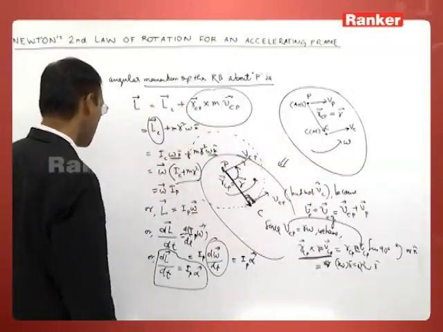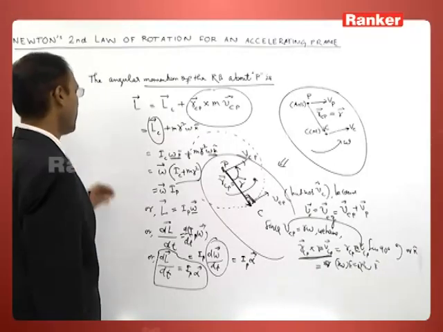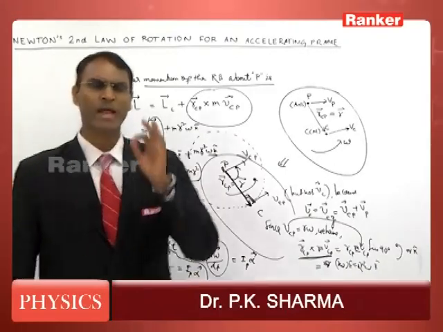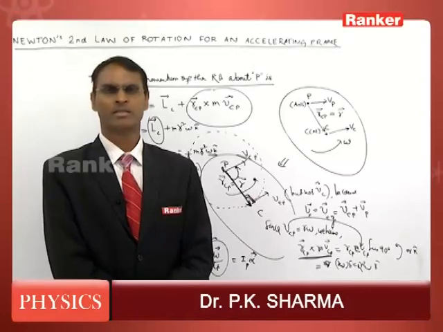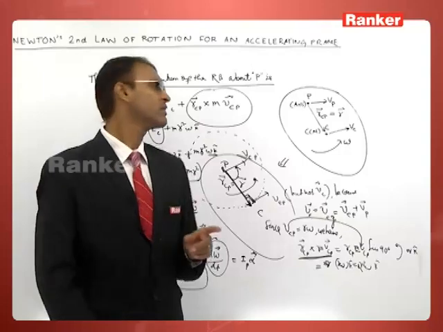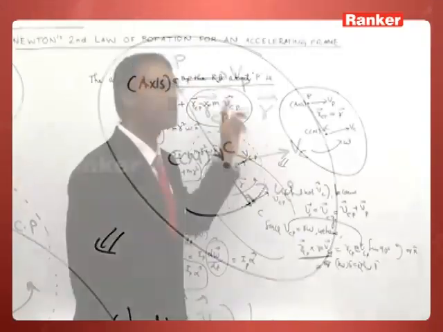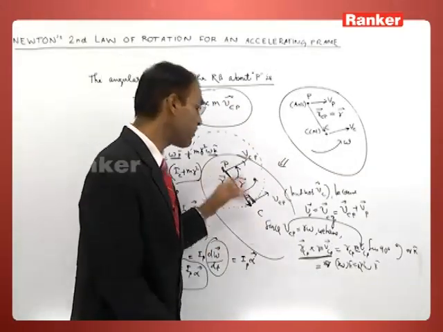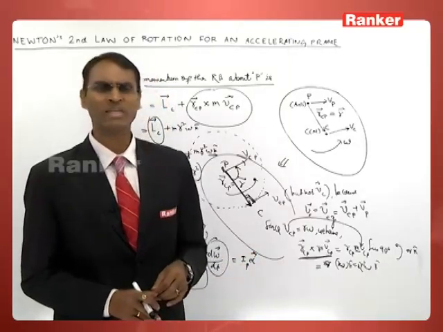When you use the equation, the rate of change of angular momentum about any point is equal to the net torque impressed upon the rigid body or experienced by the rigid body about that point.